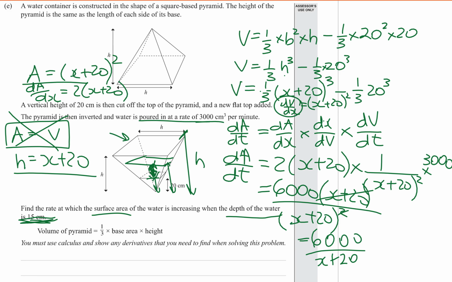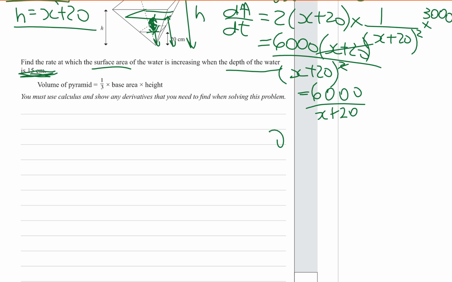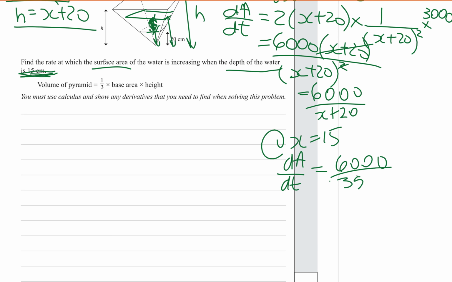So this is now at x equals 15. dA by dt is 6,000 divided by 35, and get your answer.